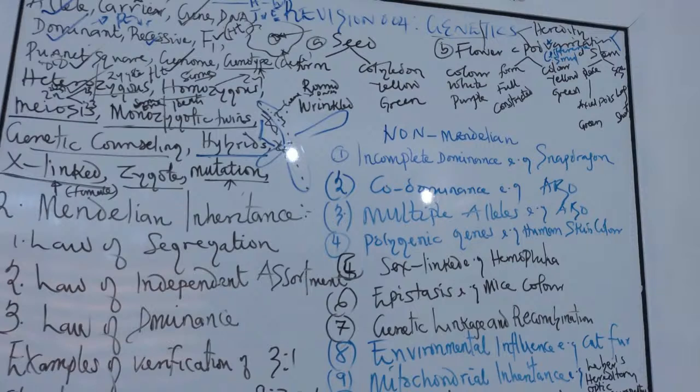So the height of that plant or organism does not in any way affect the color. So that is why it is called the law of independence.